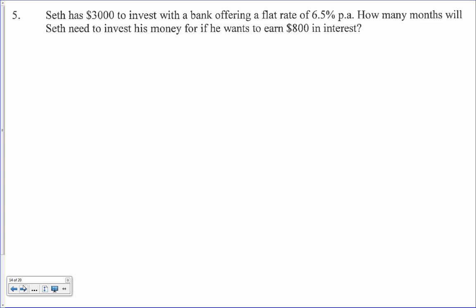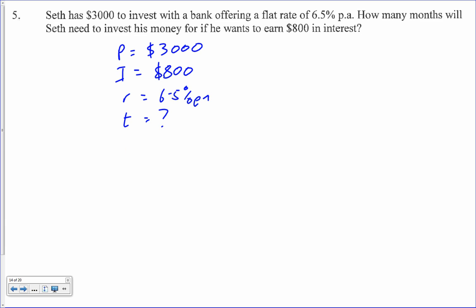How many months would Seth need to invest his money for if he wants to earn $800 interest? So again, P equals 3,000. I equals 800. R equals 6.5% per annum. T equals question mark. So I equals PRT.